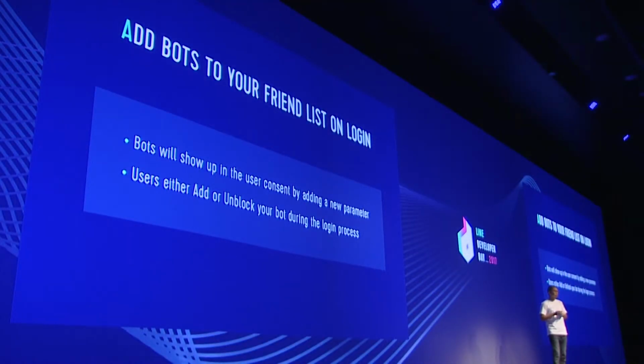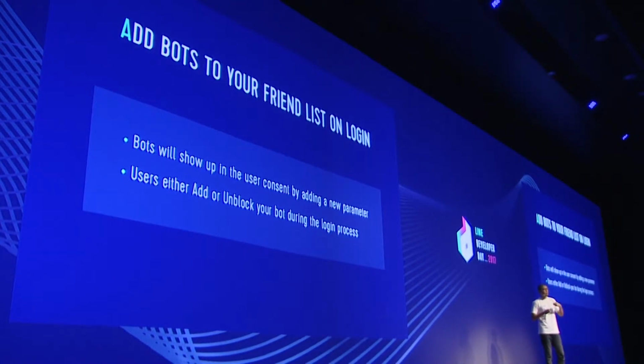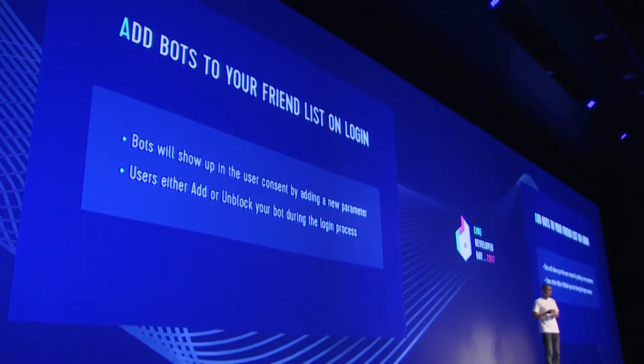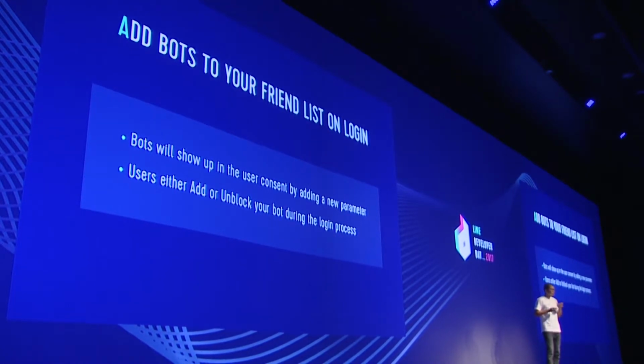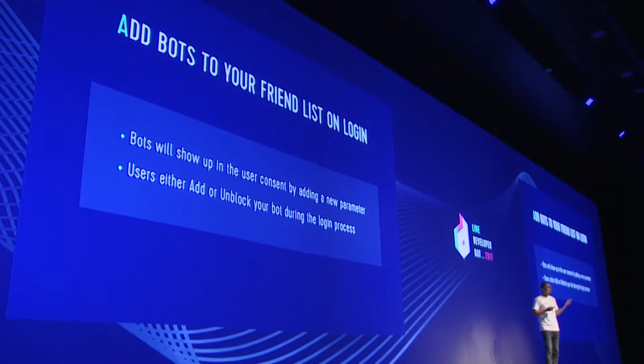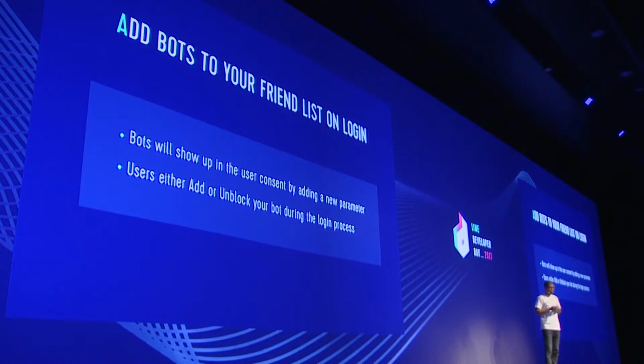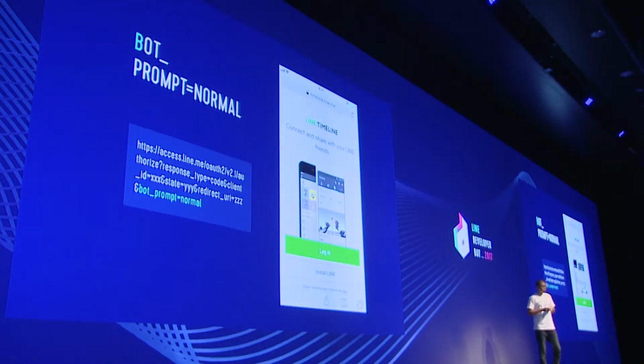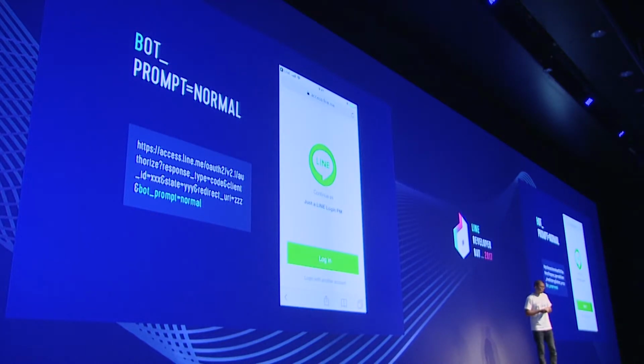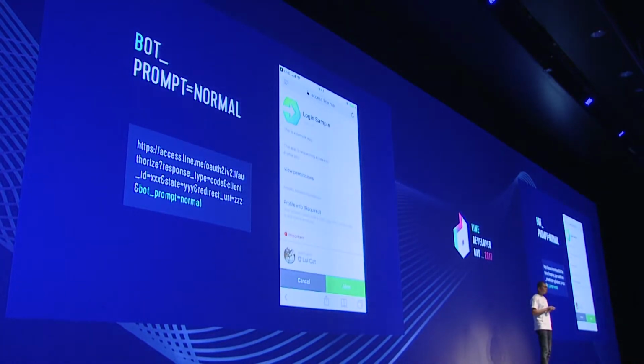If you set this parameter within the authorization flow, bots can appear. And users can choose whether or not to become a friend of this bot. If users block this bot, you can also unblock it. I'd like to show you a video to explain what I mean.